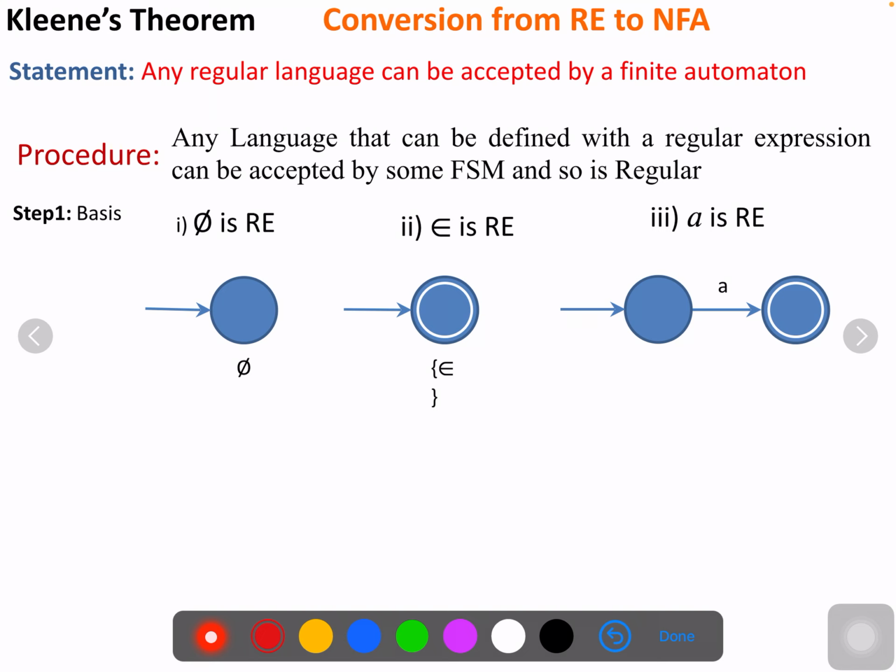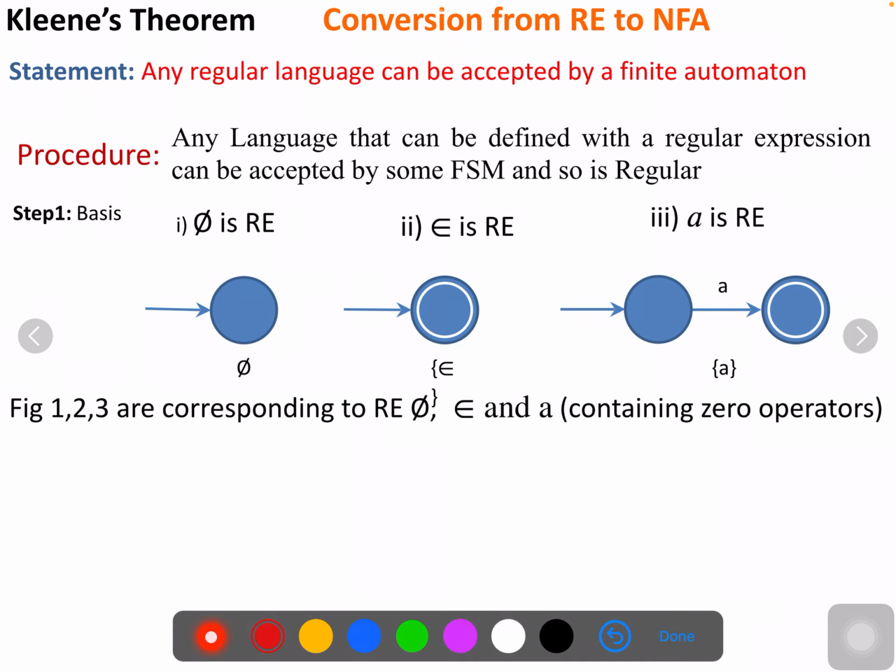All these three definitions have zero operators. So figures 1, 2, 3 correspond to the regular expressions phi, epsilon and A, containing zero operators.